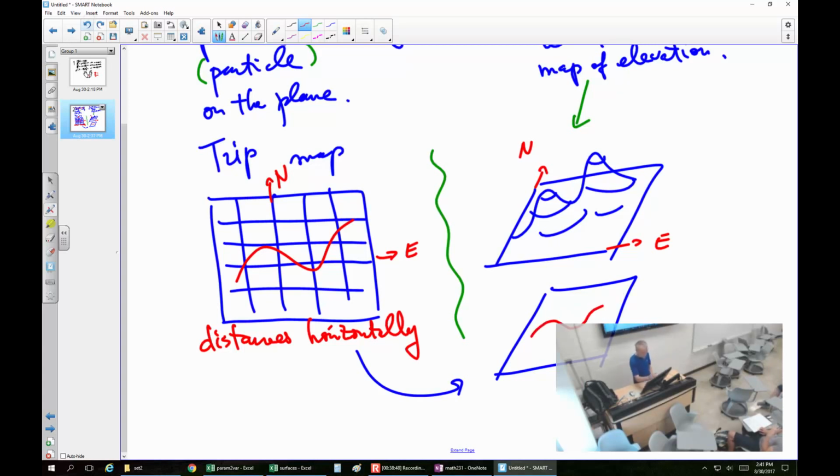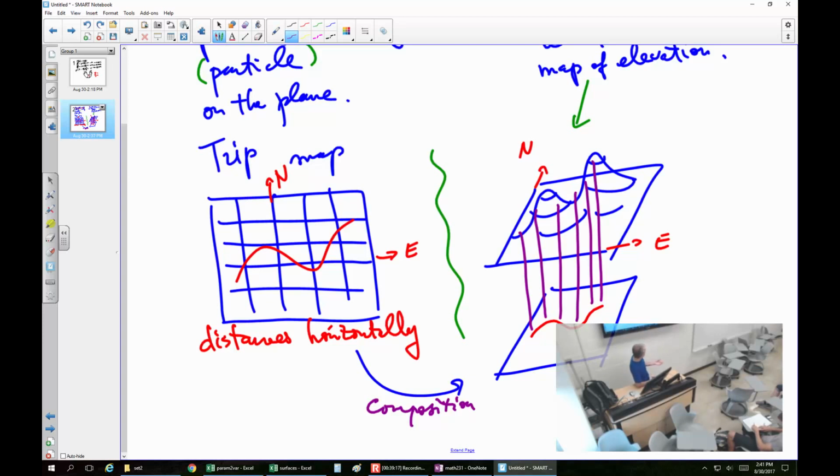Okay, and then what I do is I find elevations like this. That's what we have discussed. It is the composition. Composition of, on one hand, our parametric curve, so our trip, our location on the map, two numbers, as a function of time. That's how you plan the trip roughly: where and when you're going to be.